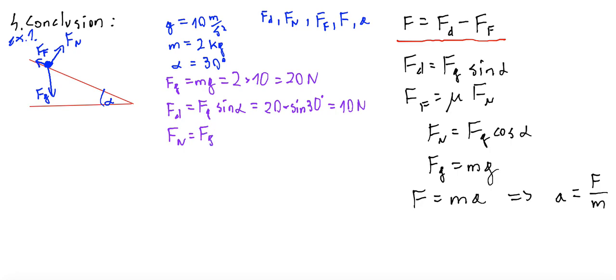It is Fg times cosine of the angle, 20 times cosine of 30, which is 0.866, and the result is 17.3, because it is the same data as you used in your homework. So normal reaction is 17.3 newtons.